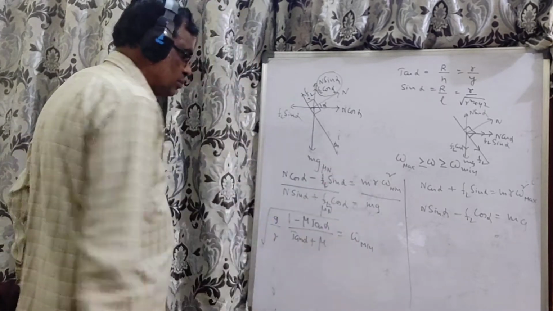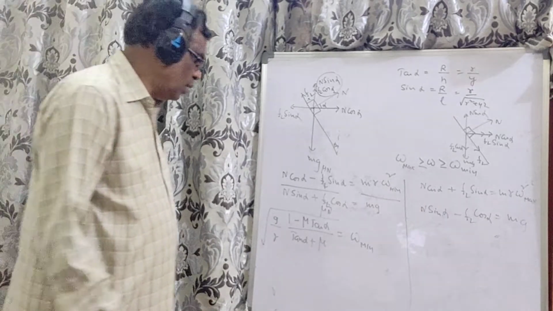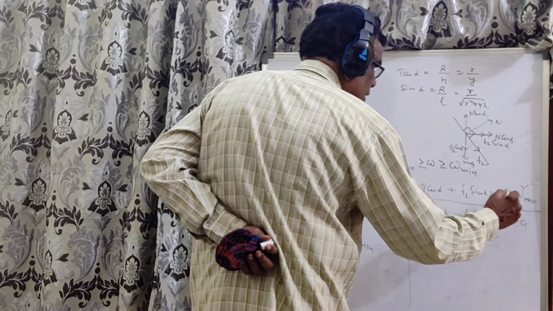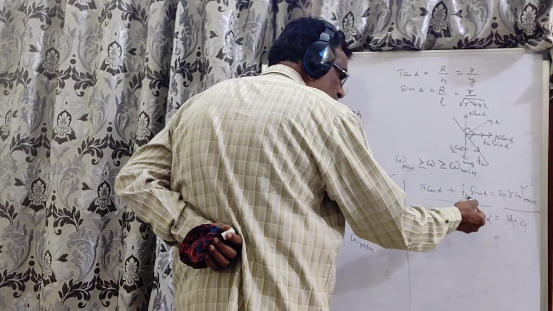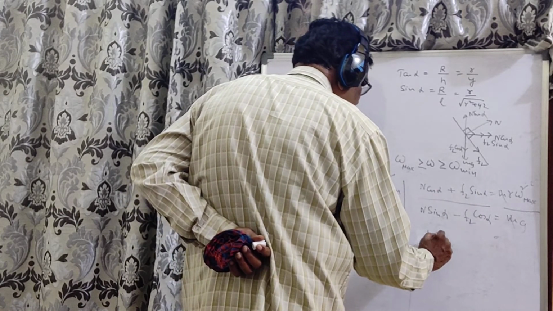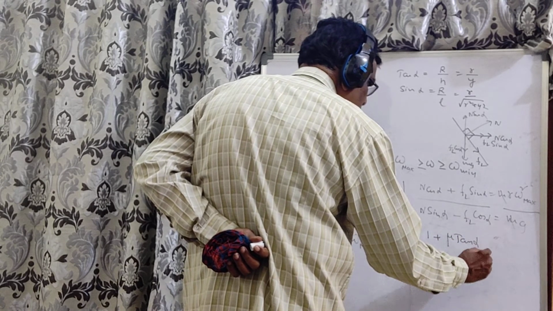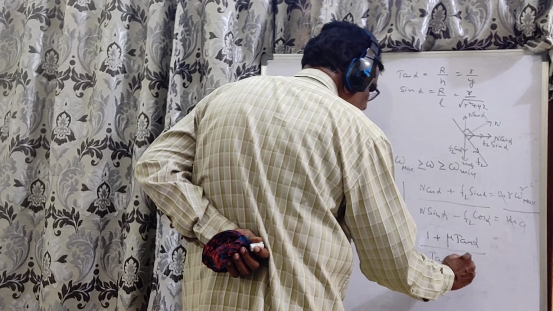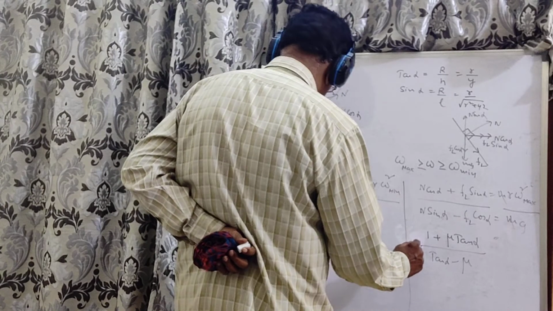This is the minimum. Now, what do you get here? Same exercise. m gets cancelled, mu N gets cancelled, divide numerator and denominator by cos alpha. Then what are you getting? g by R.